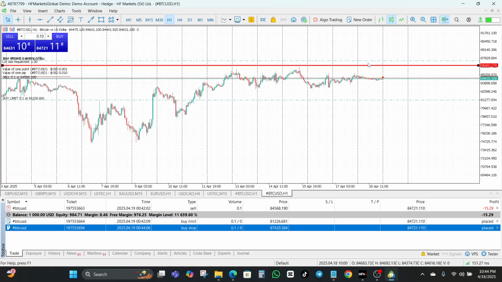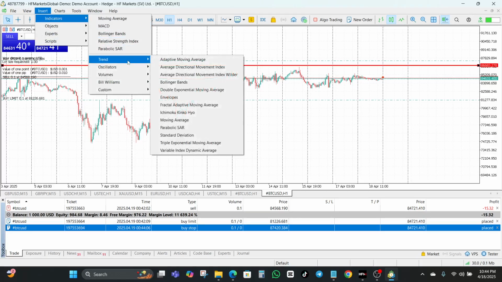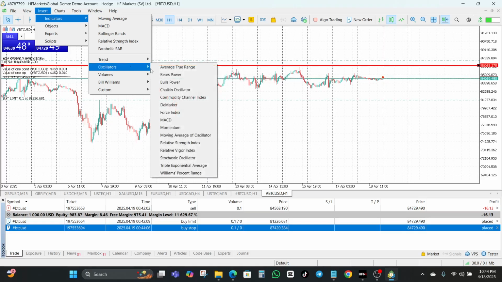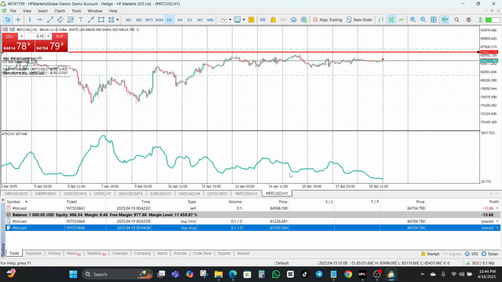A smart strategy is to combine trailing stops with technical analysis. For example, you can use the average true range to measure market volatility and set your trailing stop accordingly, or you trail your stop just below swing lows or above swing highs.